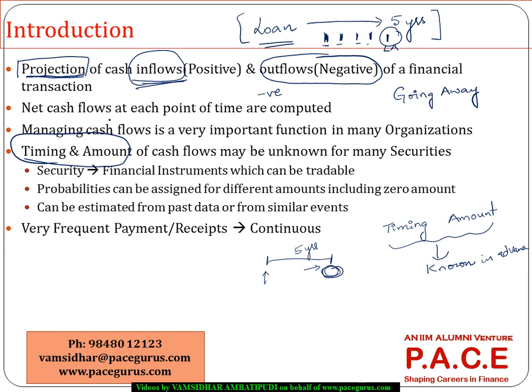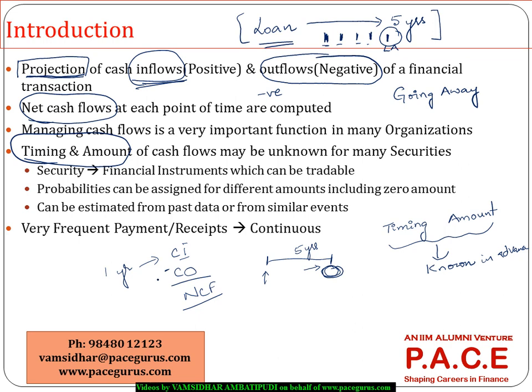But of course, whatever inflows and outflows I am able to project, for each point in time, we'll try to do the netting. Netting is nothing but the excess of inflows over the outflows. So at the end of the first year, what are my total cash inflows? What are my total cash outflows? Then the difference between the two is what we call the net cash flow.